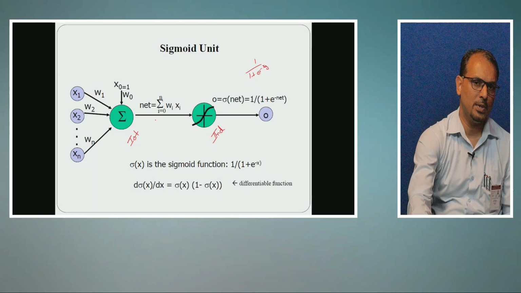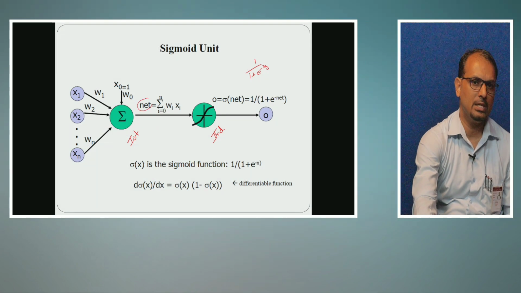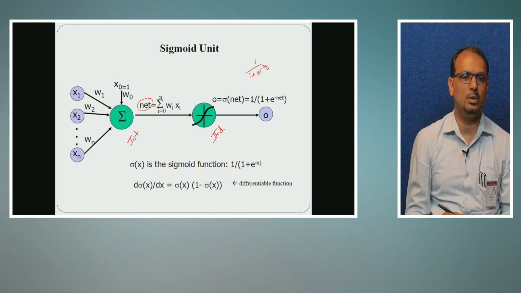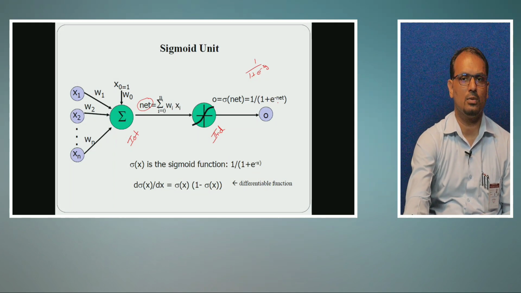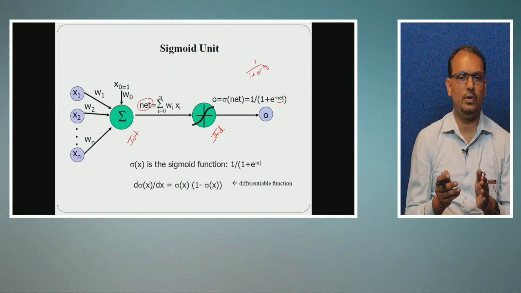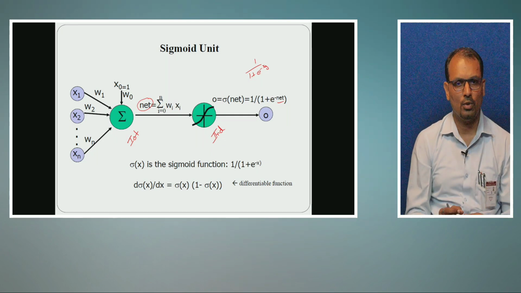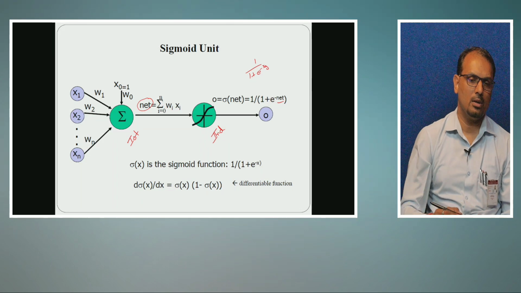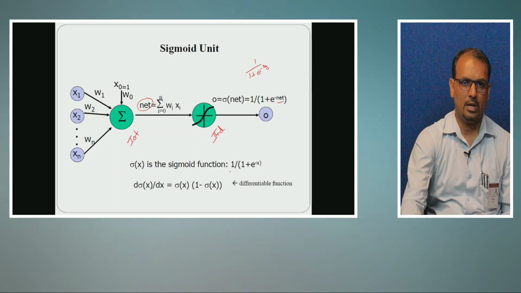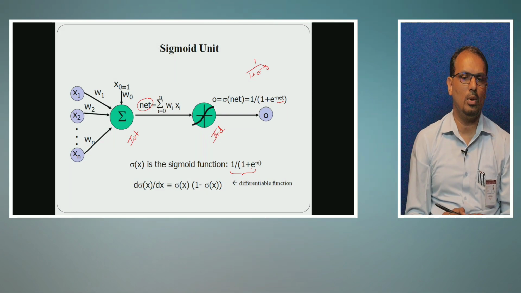As per this diagram, the net output is the summation of all the inputs with respect to the weights. This sigmoid function I am going to use for each and every neuron in our upcoming numerical. This is the formula.